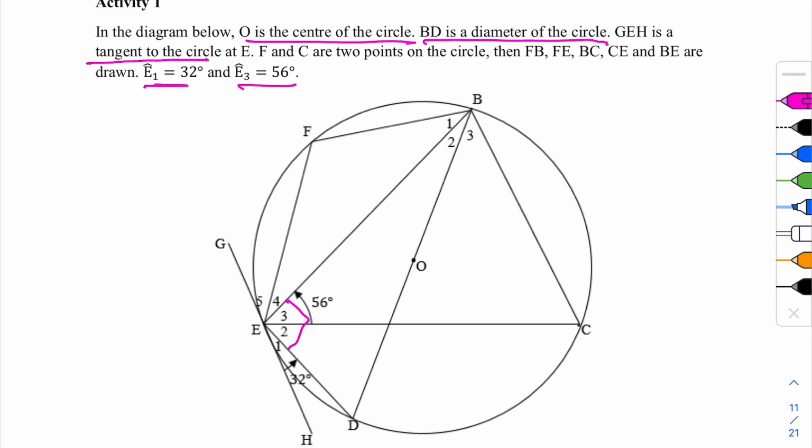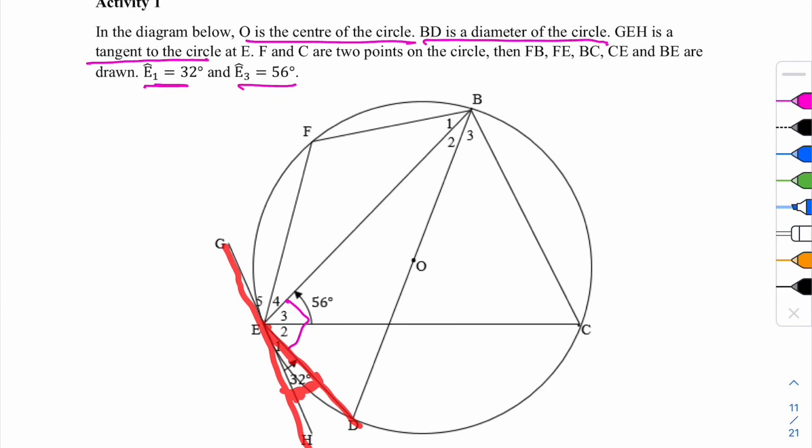Okay, what else do we have? The tangent. Tangent, we normally look for tan chord theorem, tangent perpendicular to radius, or tangent from the same point. But here we only have a tan chord theorem. So this is the tangent, there's the chord, angle between tangent and the chord is E1, equal to which angle?